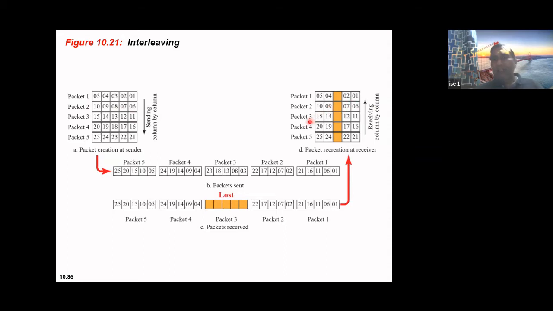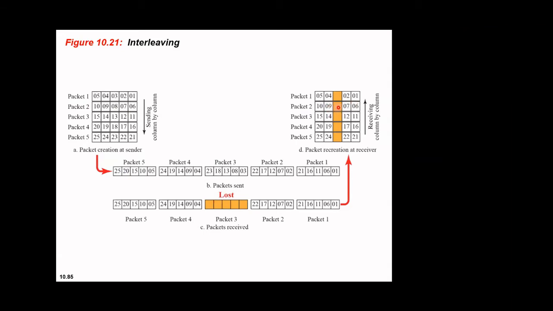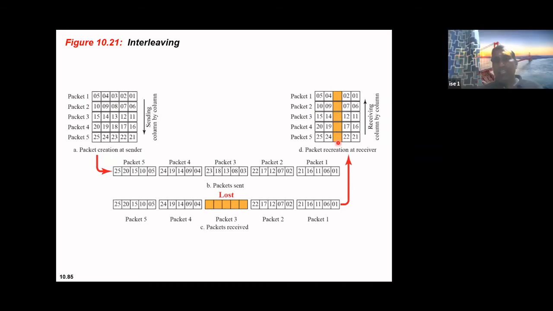No, I'm calculating wrong. So it's 13, 13 plus 10, 23 plus 9, 32. Yes, 8 it will be. So 40 minus 32, it will be 8. Like this, I can recover every bit that has been lost from each of the packets.